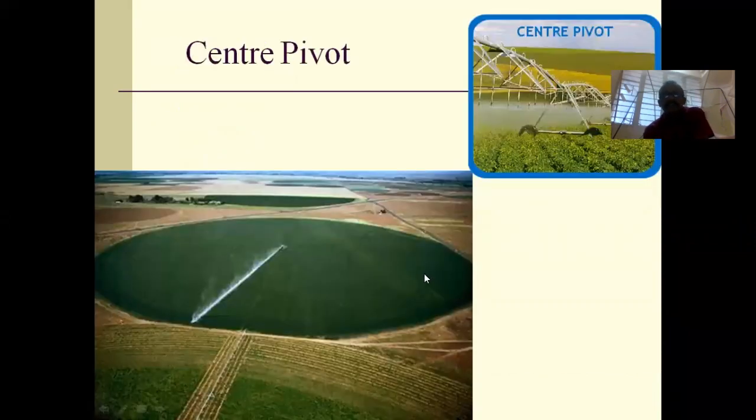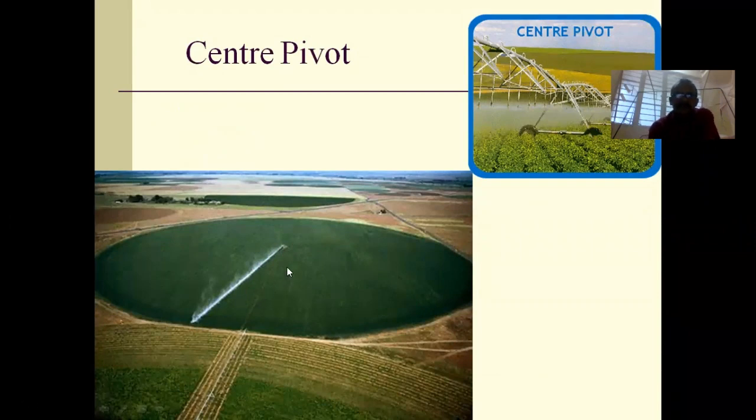And the next is the center pivot system. See this, it's a very huge system. The lengths of these sprinklers range from 100 meters to a few kilometers.